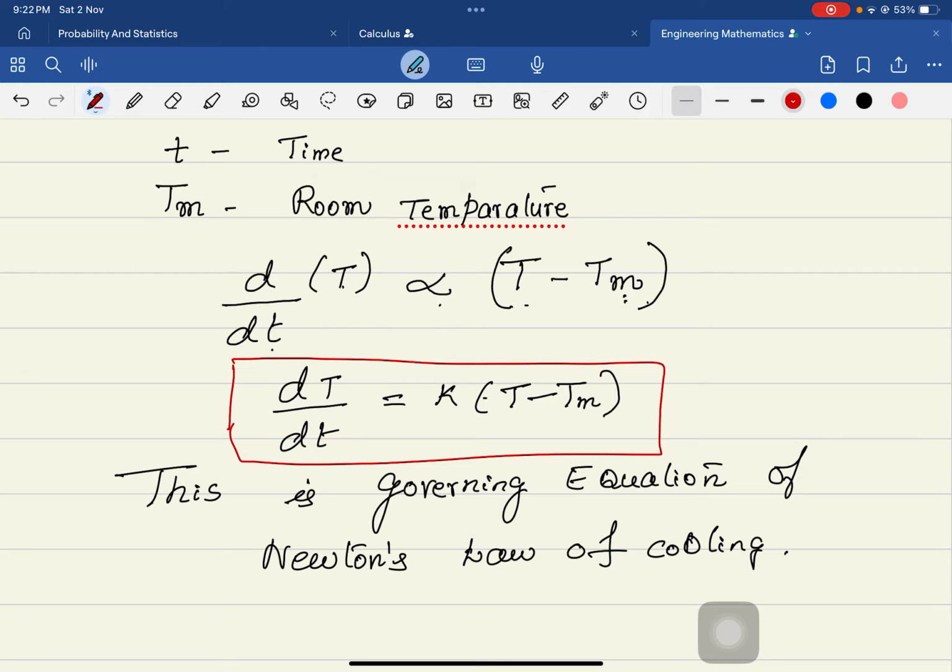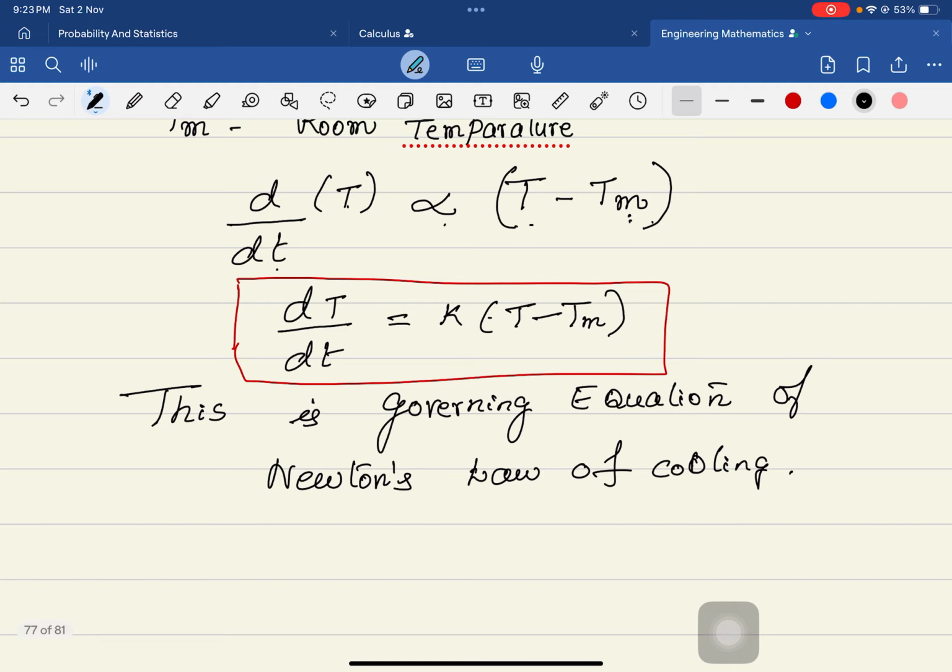Now let us understand. With respect to time t, we are differentiating. It is like a variable separable method we can use, and according to the variable separable method I can rewrite this by taking dt on the other side.